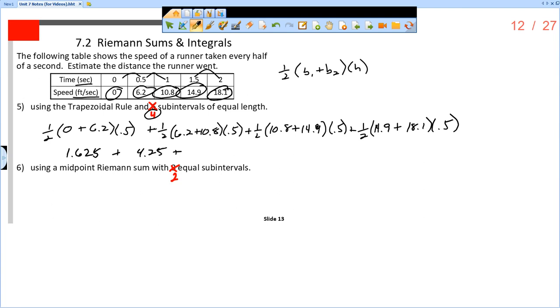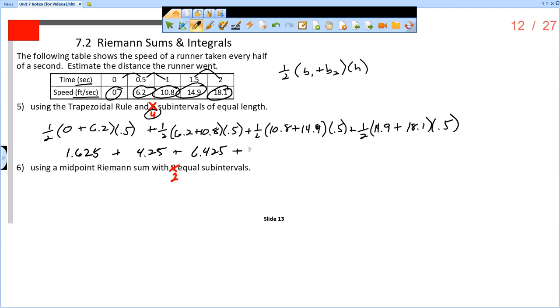Plus, then I have 0.5 times 10.8 plus 14.9 times 0.5. That's going to get me an additional 6.425. And then the last one, I've got 0.5 times 14.9 plus 18.1, and then times the other 0.5.